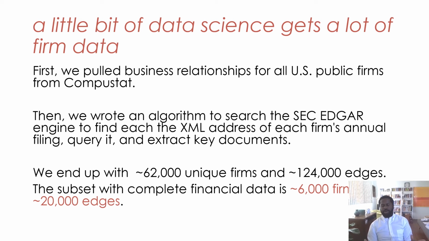It's a large network of firms, but we had to take it down a lot to find a subset of firms where we had complete financial data, so that we could do some inference for the rest of the analysis. So there's a subset of this complete network, 6,000 firms and 20,000 edges, so 20,000 connections between these firms, where we have enough financial data to actually do some inference.